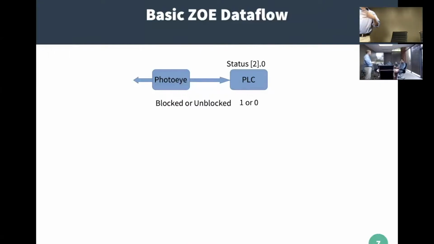And like I said, because reads are expensive, we're going to package everything together that ZOE needs into this status array. So that way all the information is organized, easy to reference, as well as we can do like 100 dint array reads at a time.